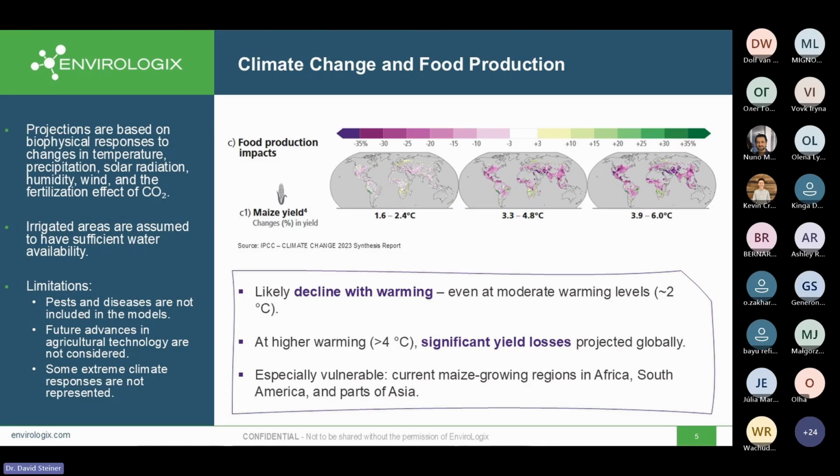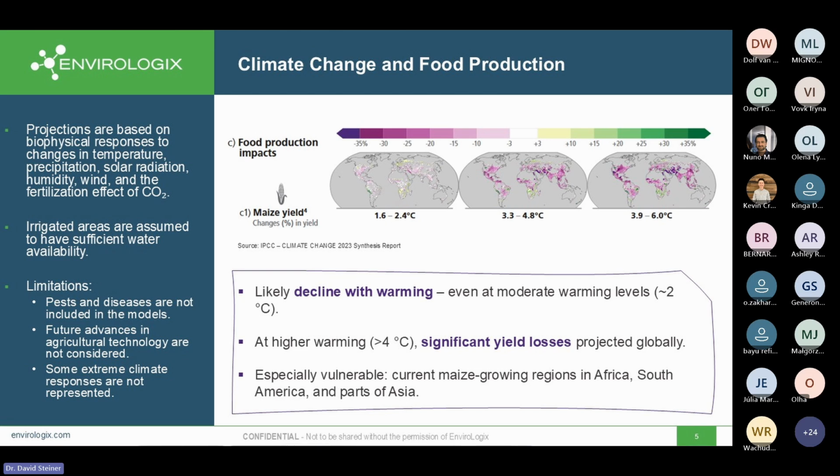And if the temperatures increase by more than 4 degrees Celsius, global losses could be really severe. Regions like Africa, but also South America and parts of Asia are particularly vulnerable, as the projections show us.